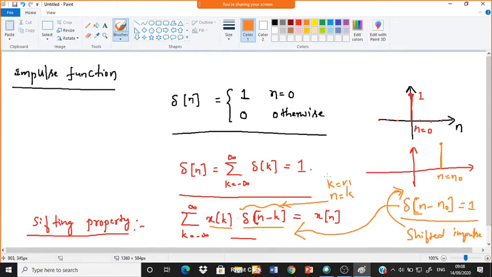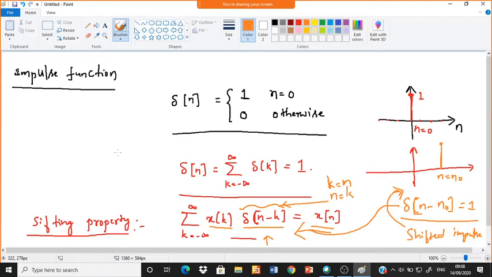Then the value of x of k at k equal to n is nothing but x of n. That's how the impulse acts on other signals. This is an important property, and we will use it in future while solving problems like convolution. This is a very important property of the impulse function, that is, the shifting property.